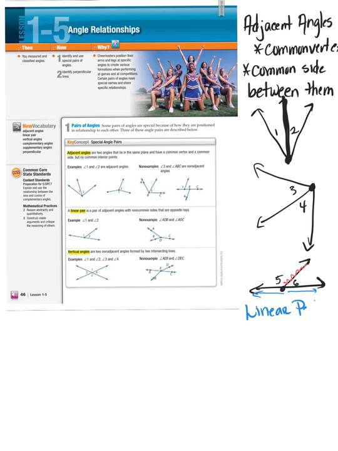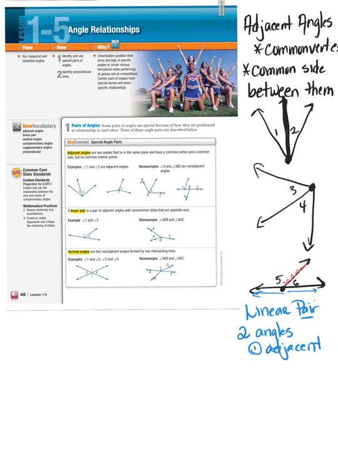Now remember, pair always means two. So we don't have linear triples or quadruples by definition or by vocabulary. We're going to have a pair of angles, so two angles that have to be adjacent, two adjacent angles.